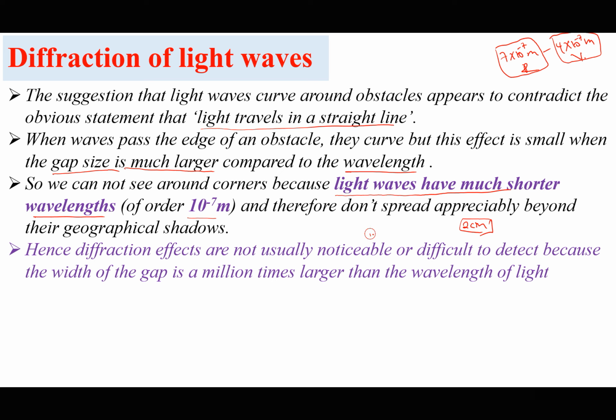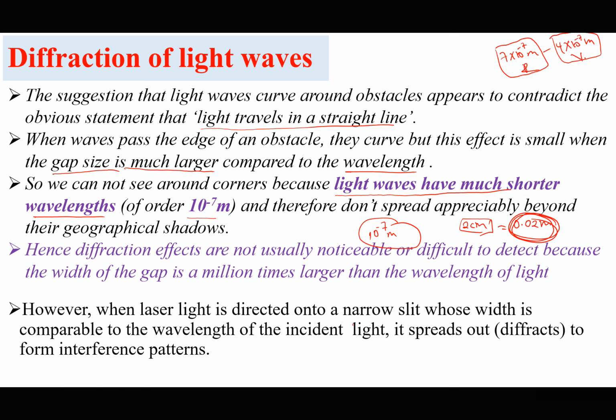The wavelength of light is of the order 10 to the power of negative 7 meters, and 2 centimeters is about 0.02 meters. This value here is much bigger than this one here. So we cannot see behind a corner simply because light has a very small wavelength compared to the sizes of the apertures we interact with in everyday life.